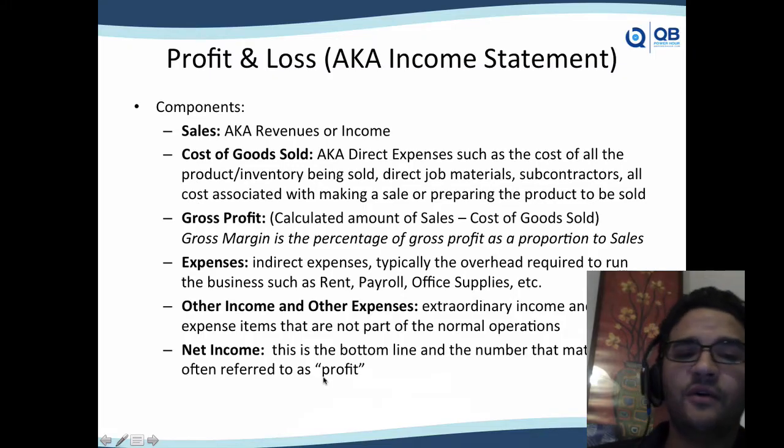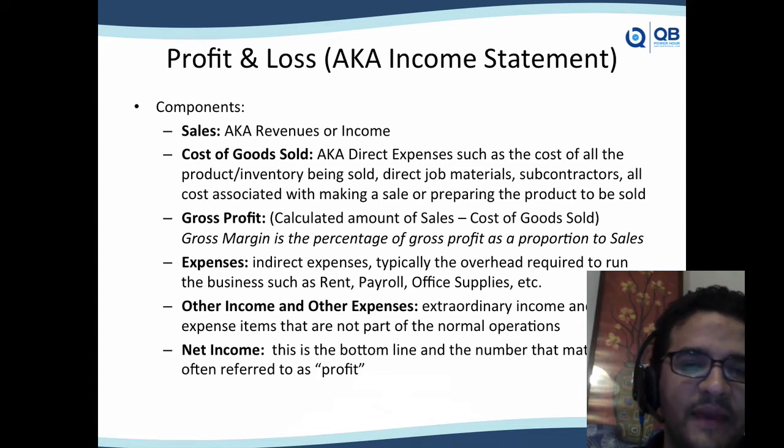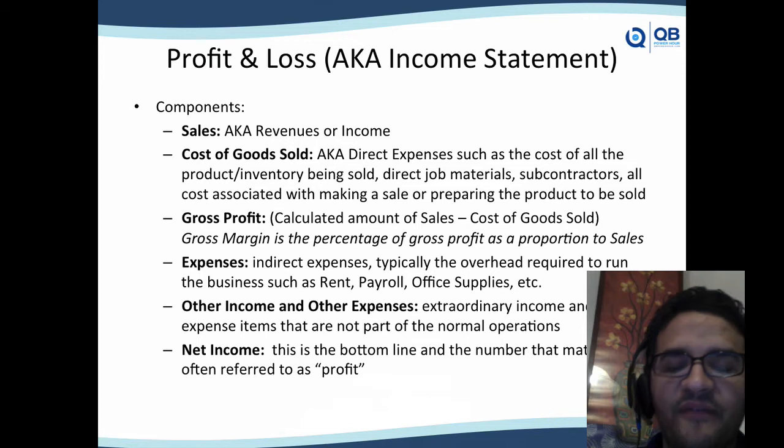Okay, so back to the PowerPoint here. So sales are our revenues or income components. Cost of goods sold are direct expenses like the cost of the inventory we sold, direct job materials, subcontractors, basically every cost associated with making a sale. Now the gross profit is that difference between sales and cost of goods sold.